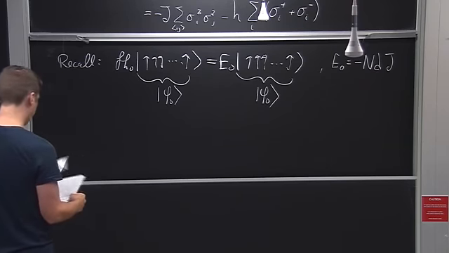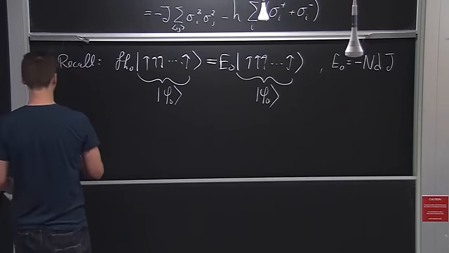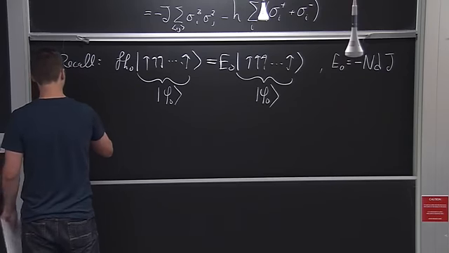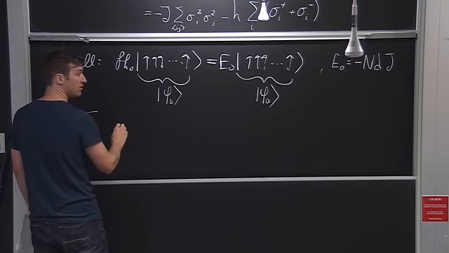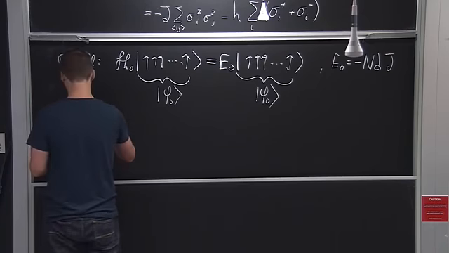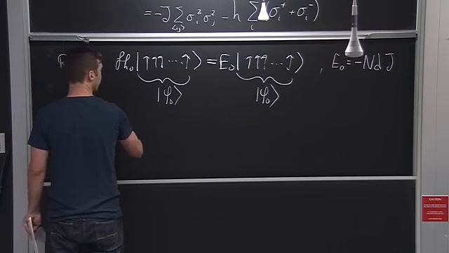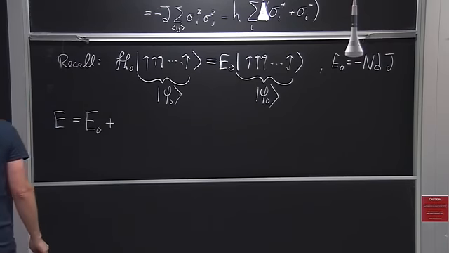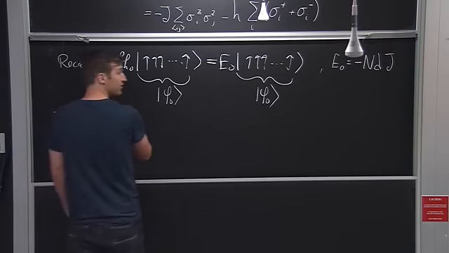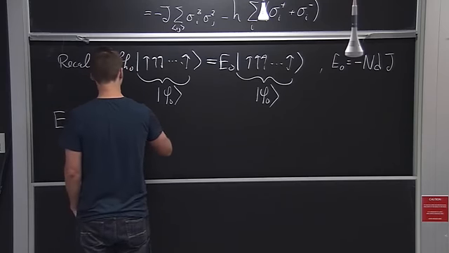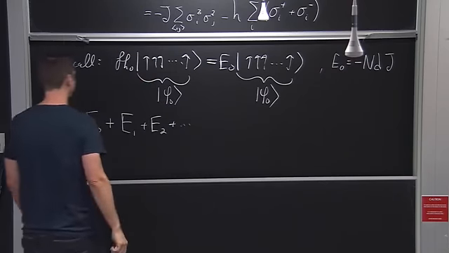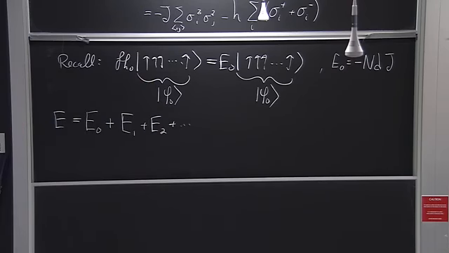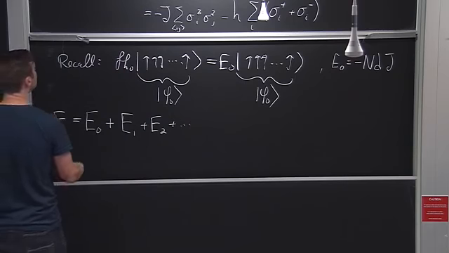And remember what perturbation theory is? It's writing out the desired eigenvalues as this ground state energy for the classical model, plus higher order corrections. And similarly for the wave function.